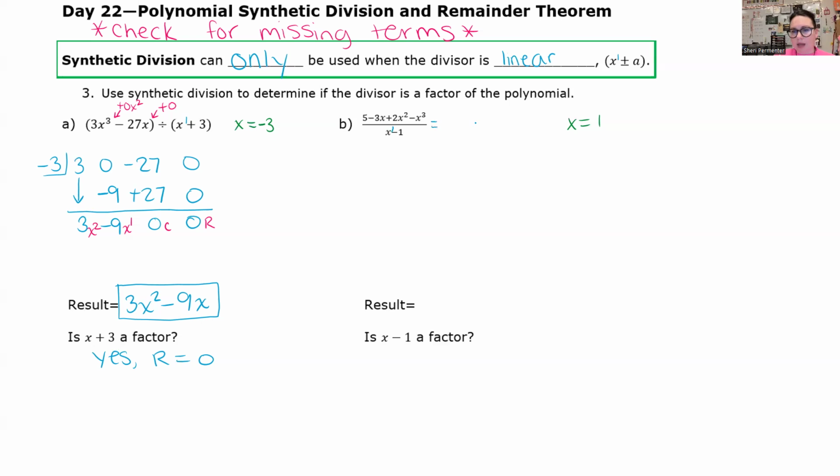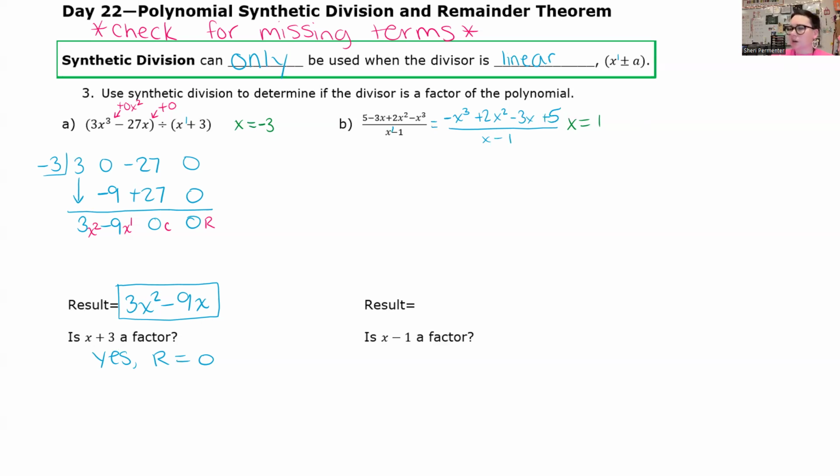So this is the same thing as negative x to the third plus 2x squared minus 3x plus 5 divided by x minus 1. So I have 3, 2, 1, and then none. So I don't have any missing placeholders.